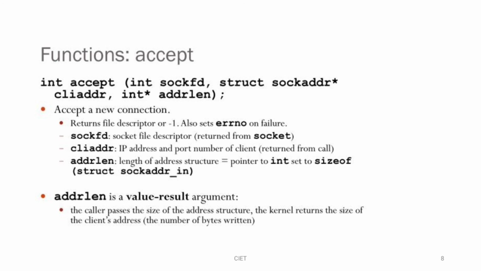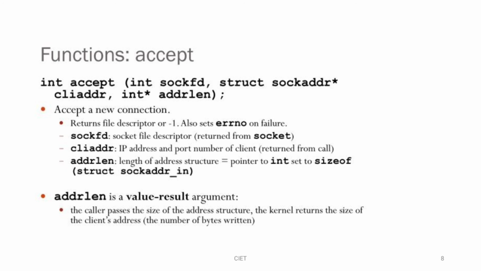The caller passes the size of the address structure. The kernel returns the size of the client address, the number of bytes returned. In the client to server interaction, the client has to mention the address length also. Based upon the address length, the server side has to accept the length, how much data it has to transfer.